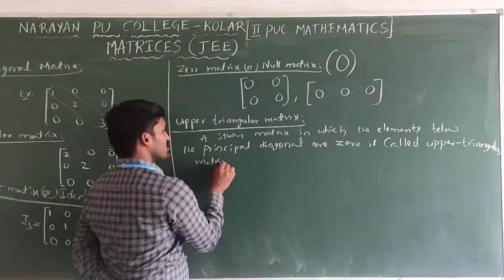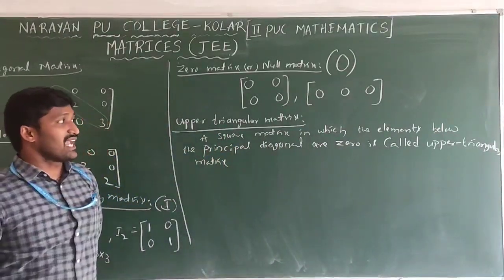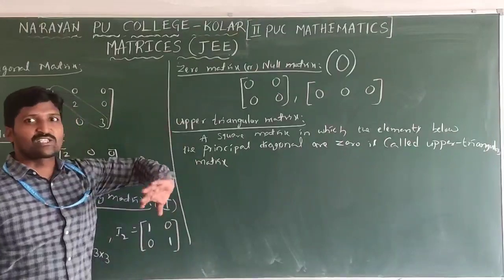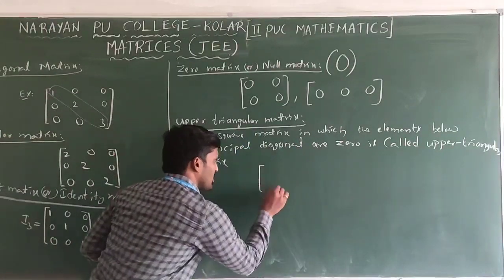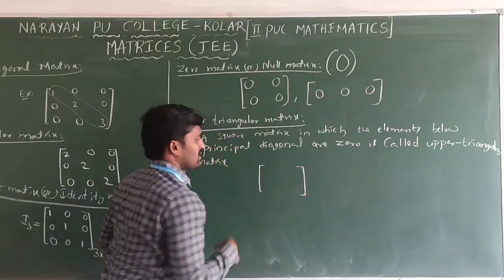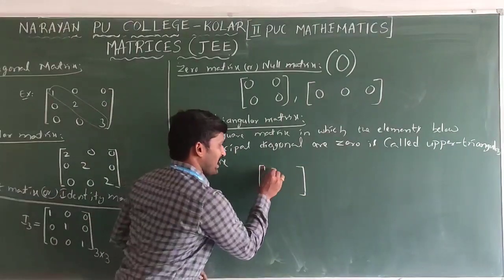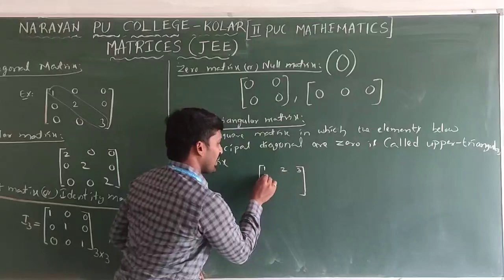Read again once. A square matrix in which elements below the principal diagonal are 0. The elements lying below the principal diagonal are 0. That matrix is called an upper triangular matrix.